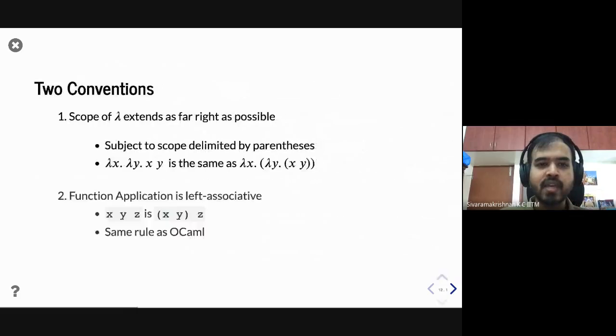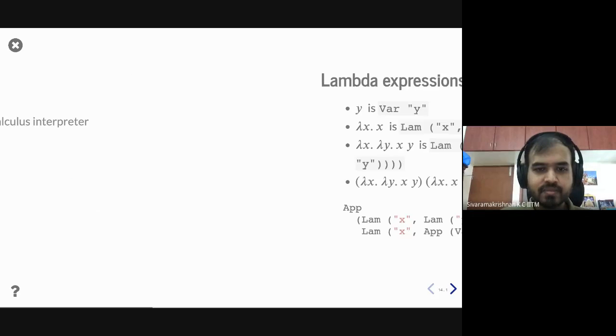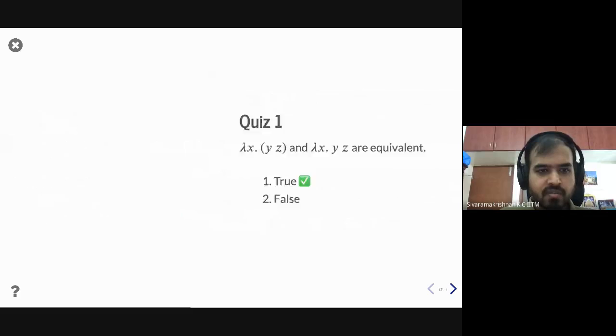The point I'm making is that I don't have a bracket here, but the string representation might need a bracket for disambiguation. Does that make sense, Raghu? There is no bracket in this expression language because what we're writing is the abstract syntax tree, not tokens. Of course, the bracket is needed for the parser. It needs to parse the bracket token, but that's not our concern here. So that's the first one.